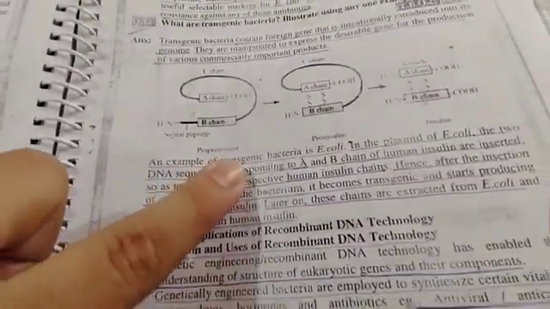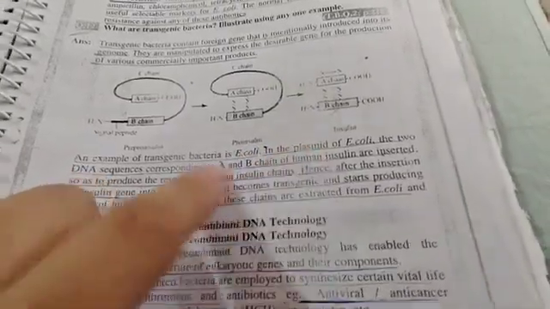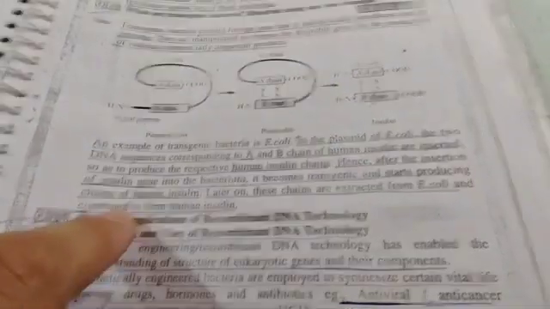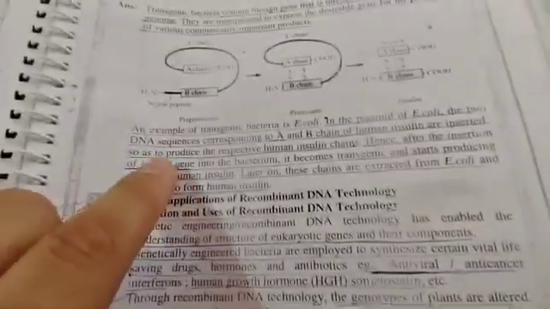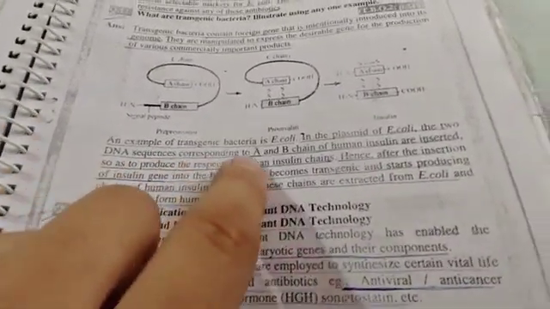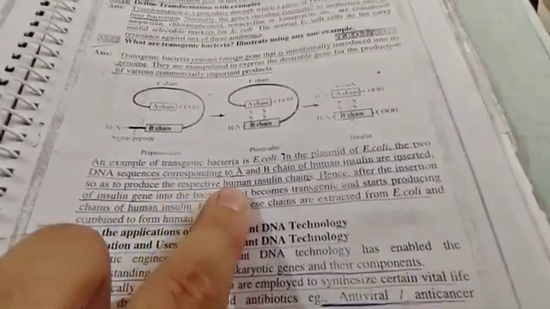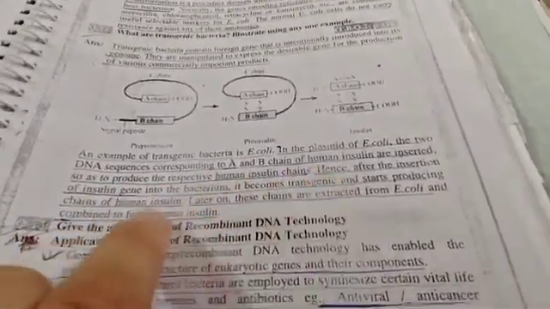An example of transgenic bacteria is E. coli. In the plasmid of E. coli, the two DNA sequences corresponding to the A and B chains of human insulin are inserted so as to produce the respective human insulin chains.